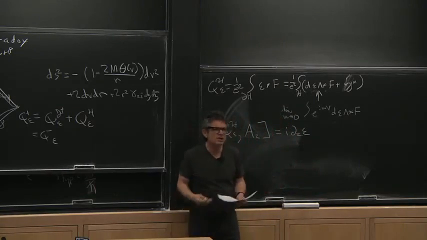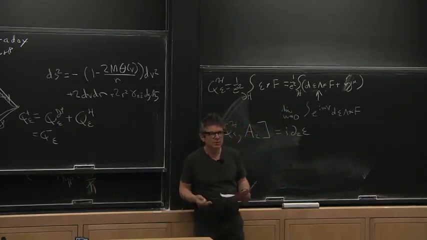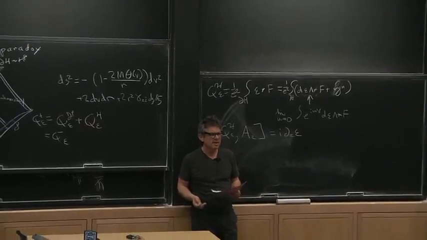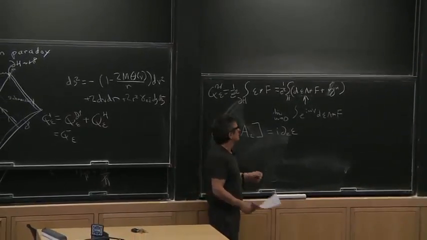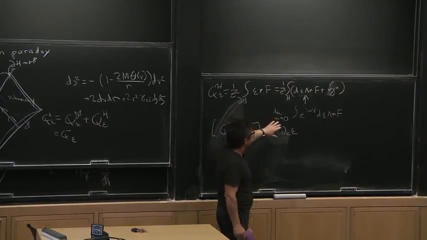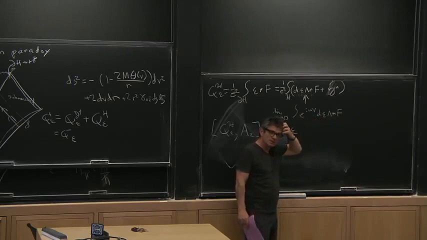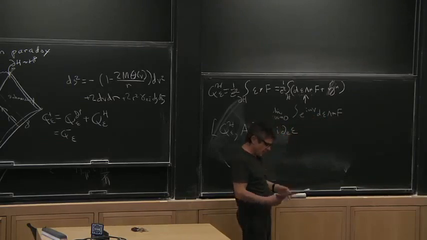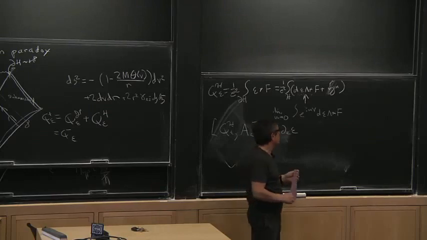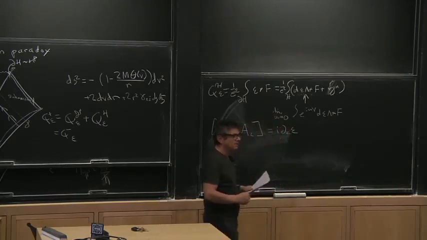So there are large gauge transformations which act on the horizon. And when we go to the quantum theory and expand this in creation and annihilation operators, this charge will create a soft photon on the horizon.